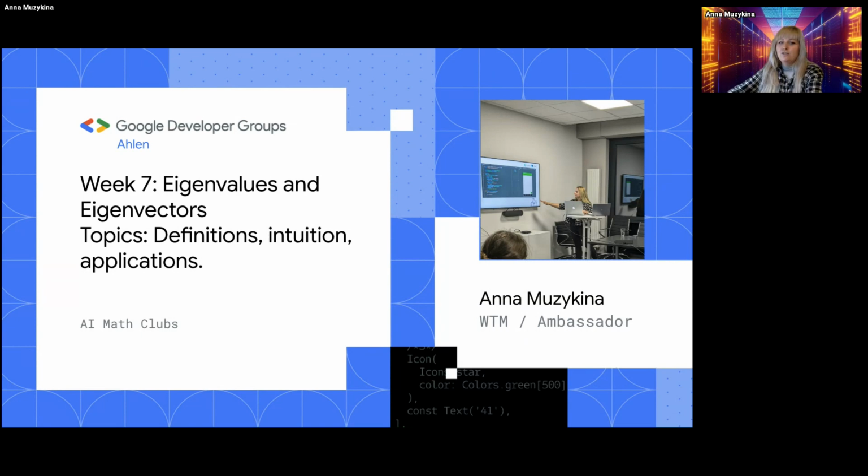They essentially help us find the fundamental directions or axes along which a transformation acts simply by stretching or shrinking. We'll explore their definition, build intuition, see how to calculate them using the NumPy library, and discuss their important applications, particularly in machine learning with techniques like PCA.